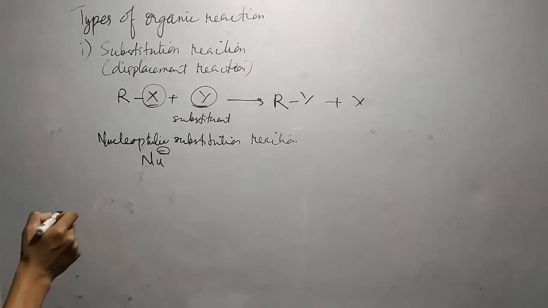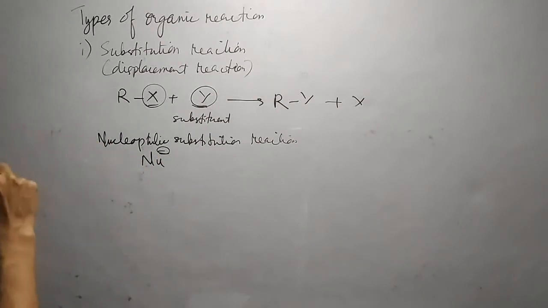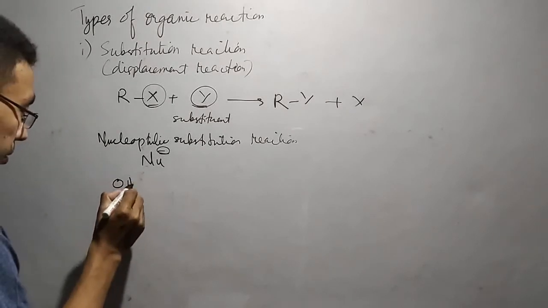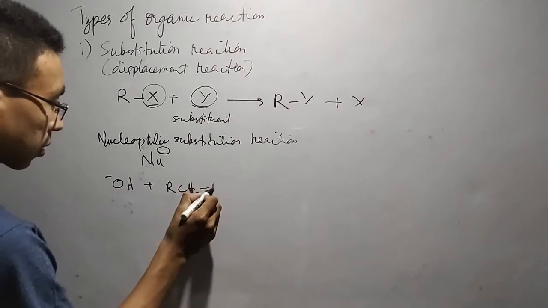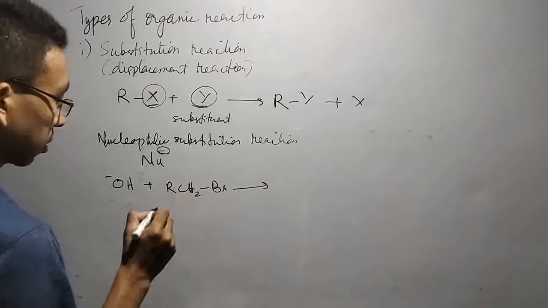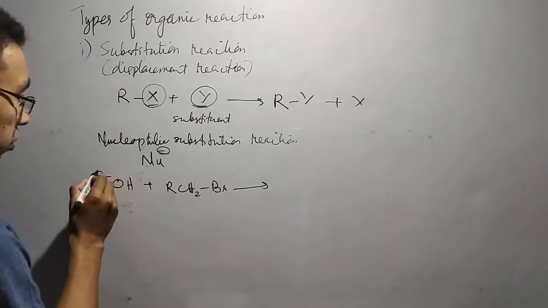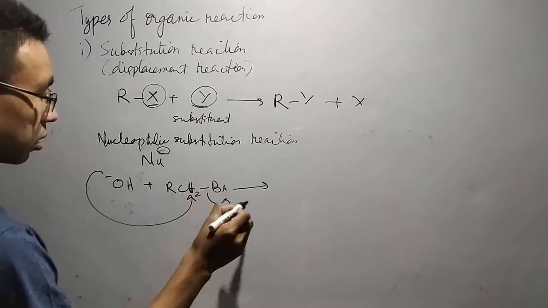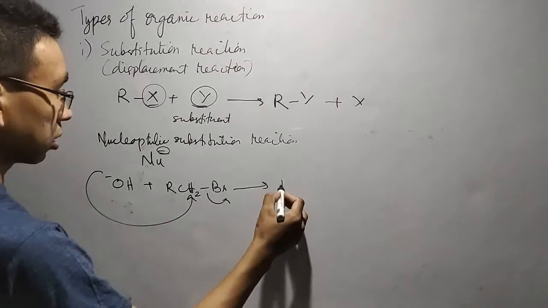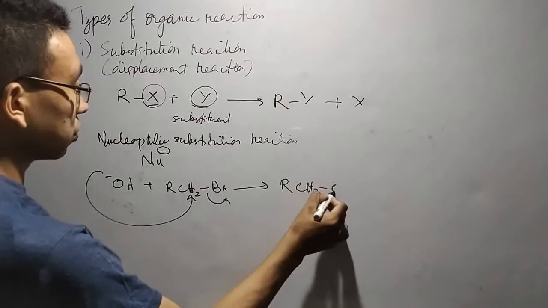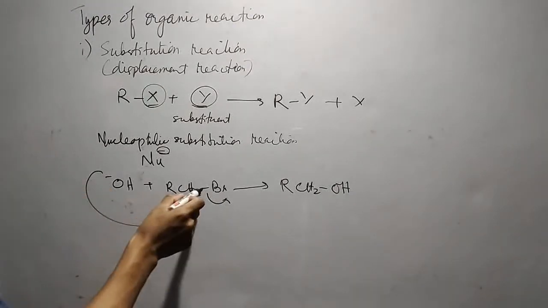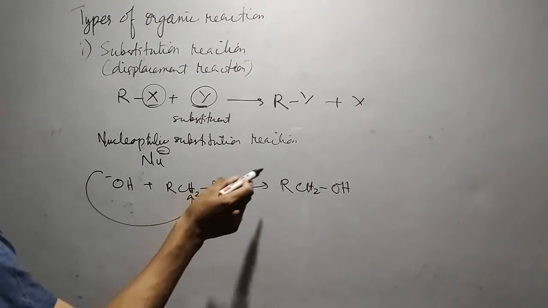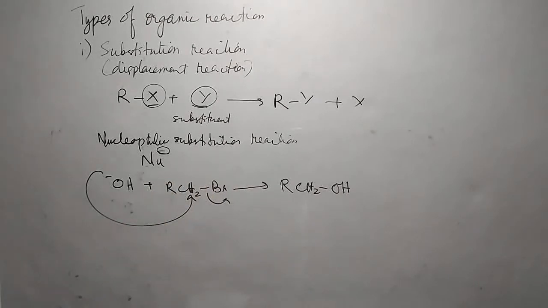So let's see one example for substitution reaction. Now this O will attach here and this will be removed, so it will be RCH2OH. So here OH is attached and Br is removed.